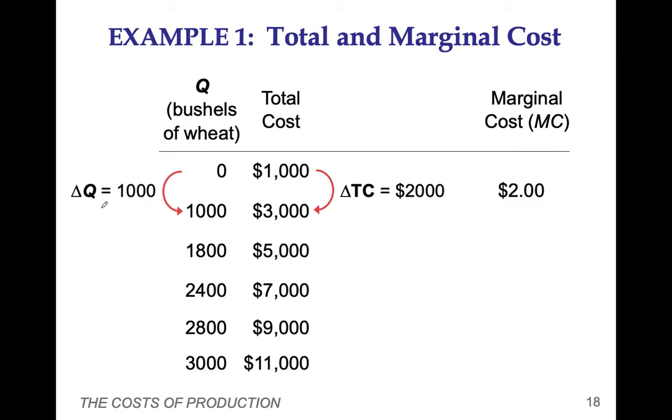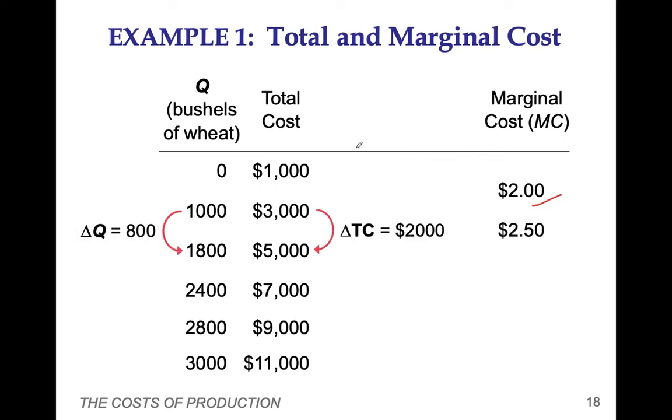So 2000 divided by 1000 gives $2. This means that for the first 1000 bushels of wheat, the marginal cost of each bushel is $2. The cost of each unit is $2.